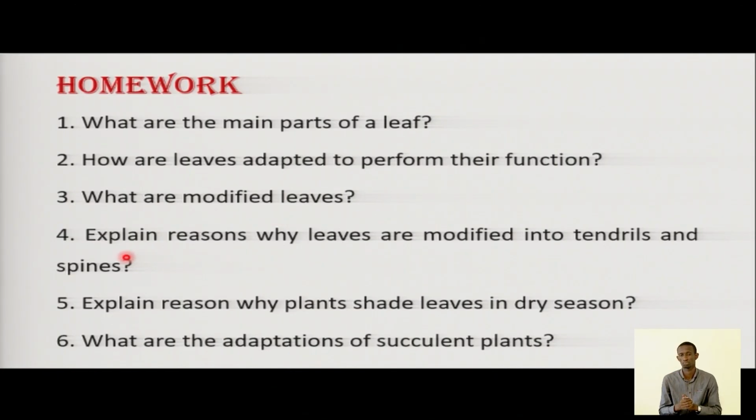Question number 4, explain reasons why leaves are modified into tendrils and spines. Question number 5, explain why plants shed leaves in dry season. Question number 6, what are the adaptations of succulent plants?